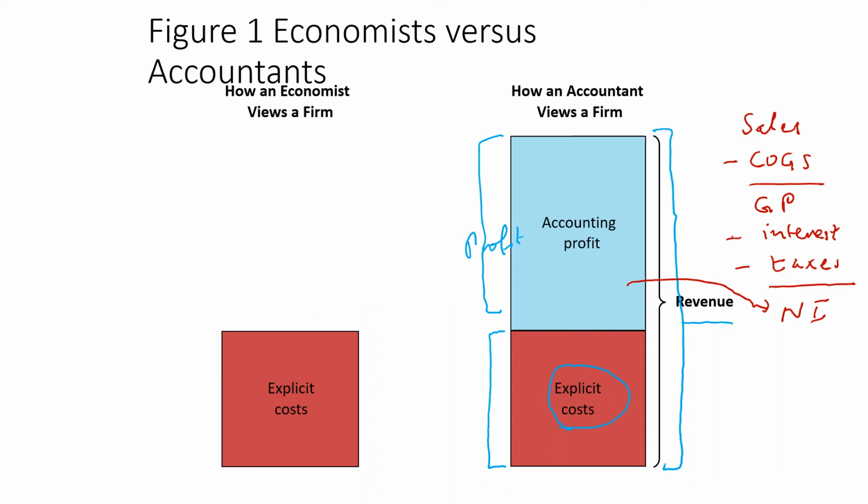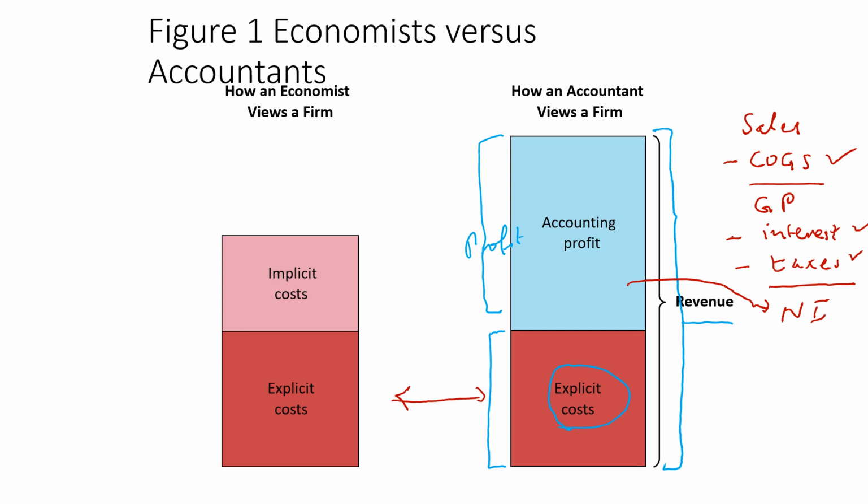So you see, an accountant does not include any type of implicit cost in there, whereas an economist will consider the implicit cost. The explicit costs are identical in both cases. Both count these costs: the cost of goods sold, the interest payments, the taxes. They are identically calculated, but the difference is the implicit cost, and that is what I explained in the example.